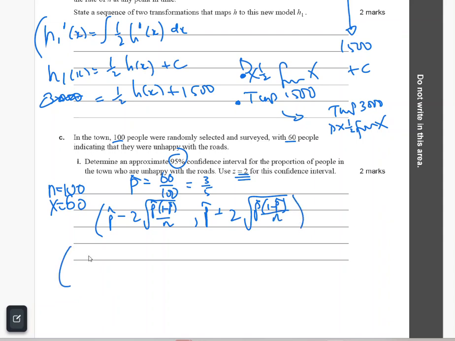So I'm going to have 3/5 minus 2 square root of, what did we say? 3/5 times 2/5 on 100, which will be 3/5 minus 2 lots of, okay, I've got the square root of 6, because 3 times 2 is root 6. 5 times 5 is 25, so I'll have a 5, and the square root of 100 is 10, so it's going to be 60.